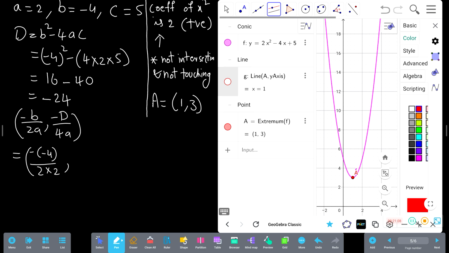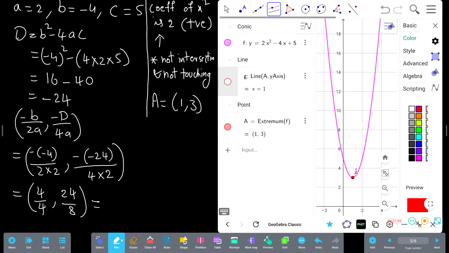Minus d, what is d here? 24. So minus of minus 24 by 4a, 4 into a is 2, right? Minus of minus 4 is 4 by 2 into 2, which is 4. Minus of minus 24 is plus 24 by 4 into 2, which is 8. Now if you do the cancellation, 4 upon 4 is 1, 24 upon 8 is 3. So here is the vertex.